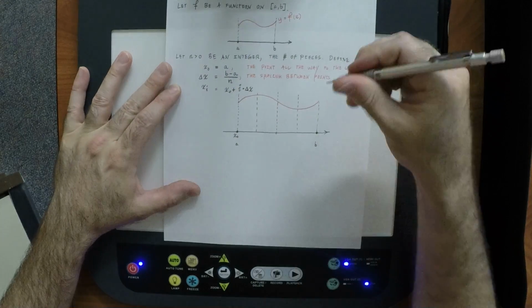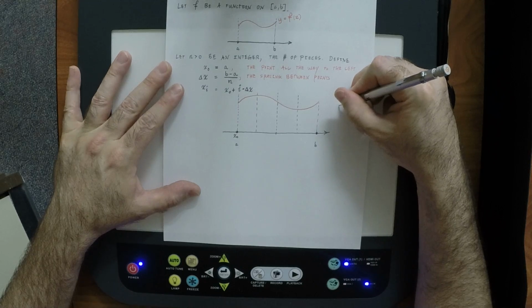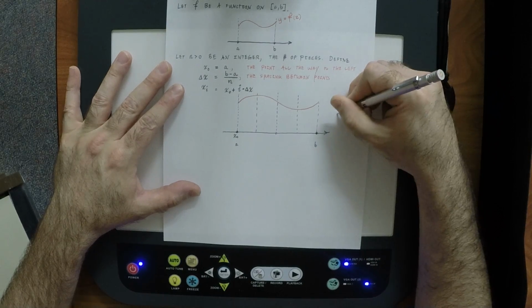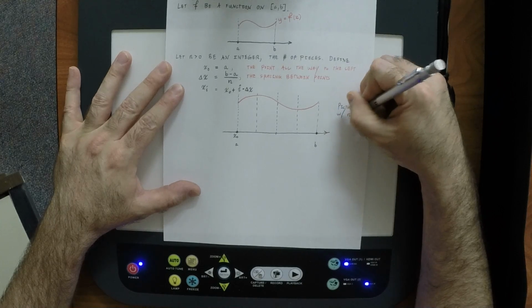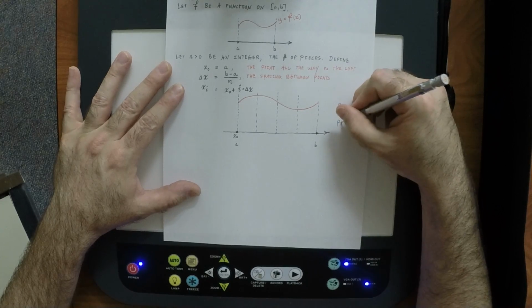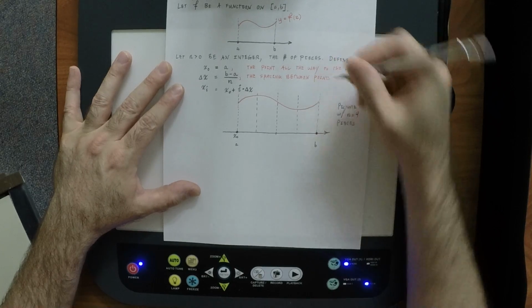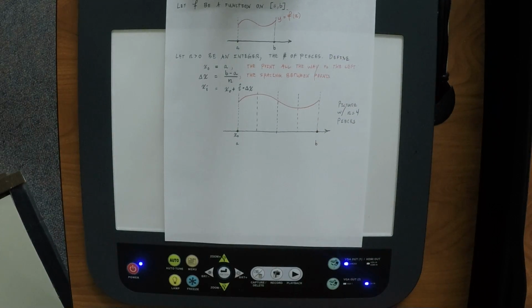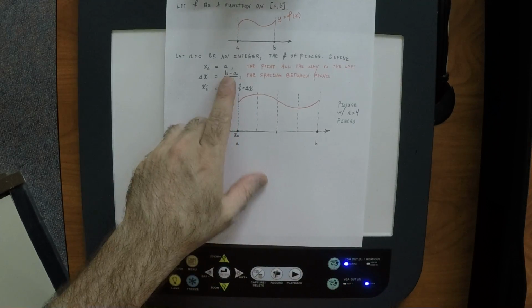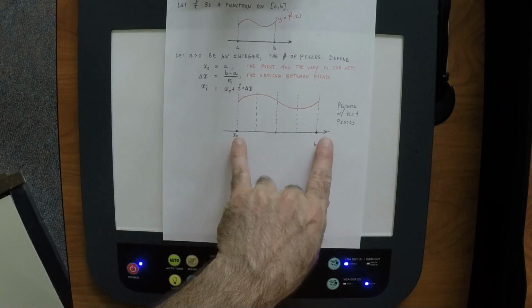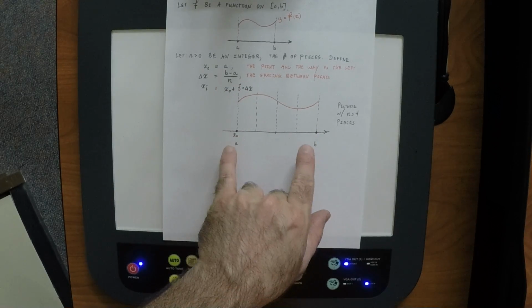So this is a picture with n equal 4 pieces. Now, here's the thing. What this is saying is that in this picture, we broke this into 4 equally sized pieces.